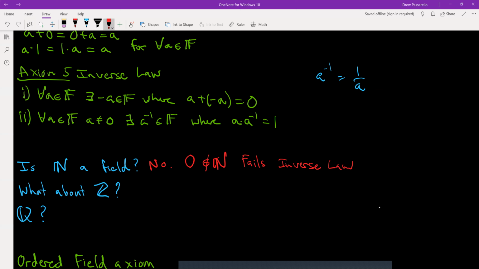All right, so we've established that the natural numbers is not a field. Now what about the integers, Z? That's also not a field. So why? Well, we fail to have multiplicative inverses.